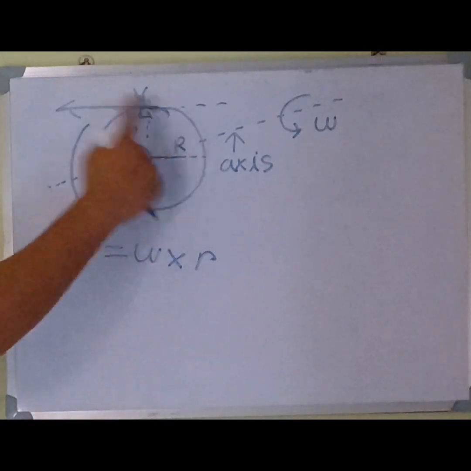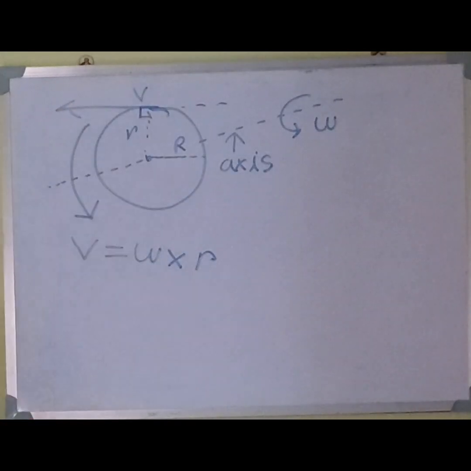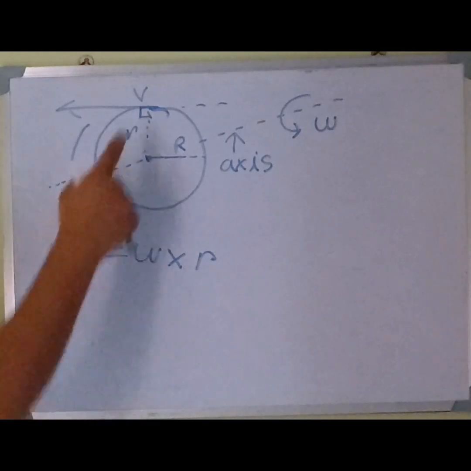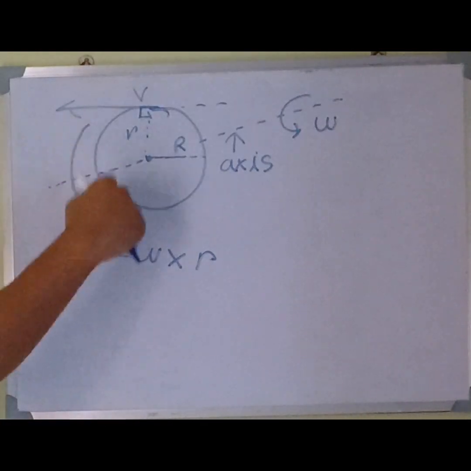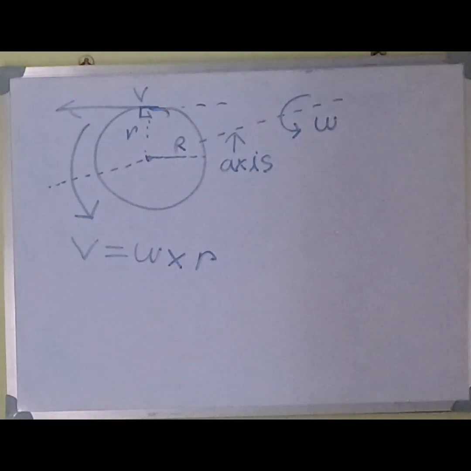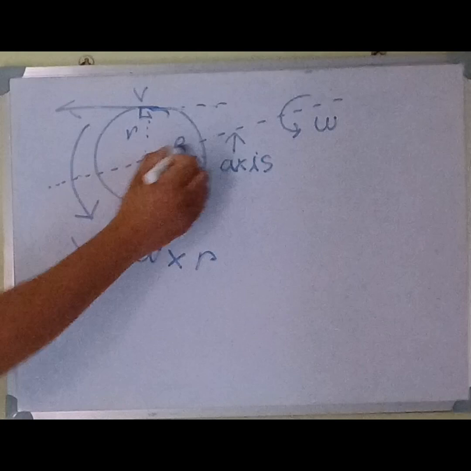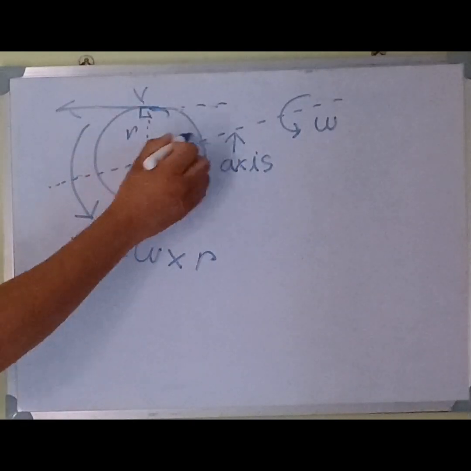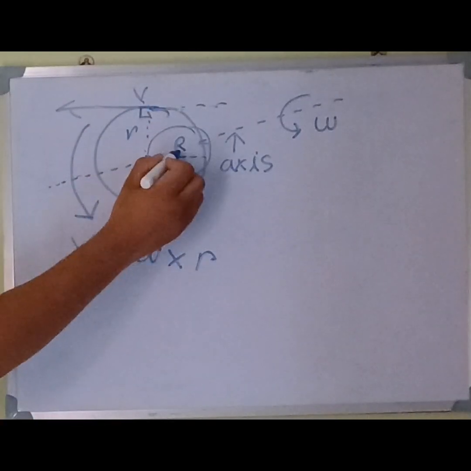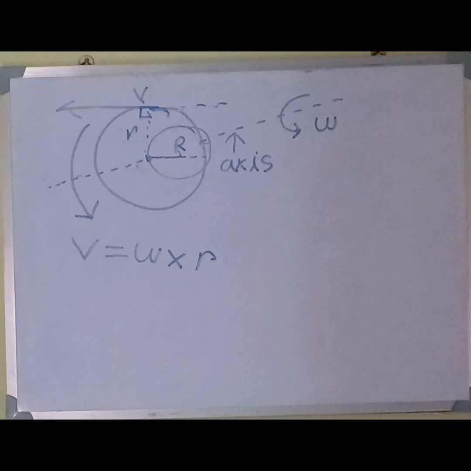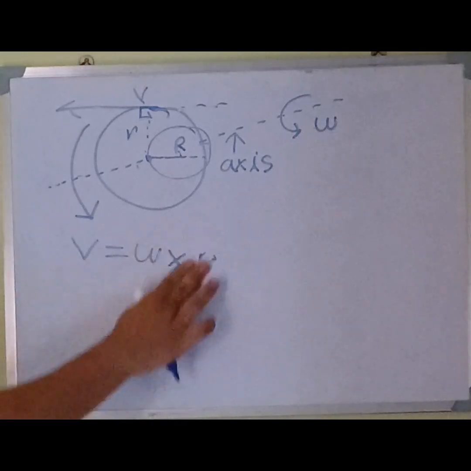In the case of the machine shown in the video, the tangential velocities were along the circumference of the two wheels. So the perpendicular distance from the line of tangential velocity to the axis is actually the radius of the two wheels.